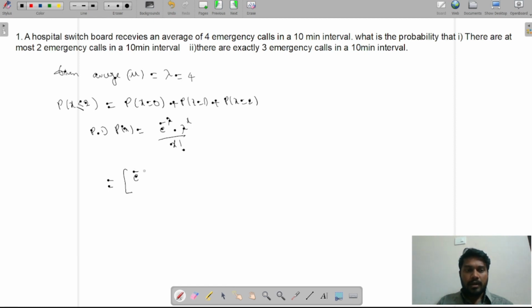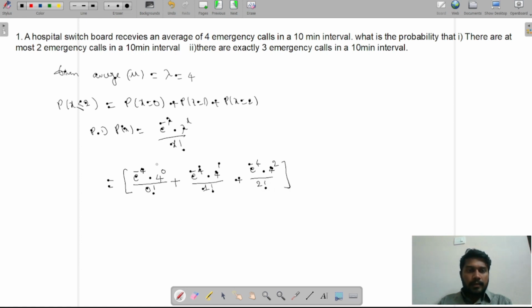The lambda value is 4, so e power minus 4 into 4 to the power 0 by 0 factorial, plus e to the power minus 4 into 4 to the power of 1 by 1 factorial, plus e to the power of minus 4 into 4 to the power of 2 by 2 factorial.